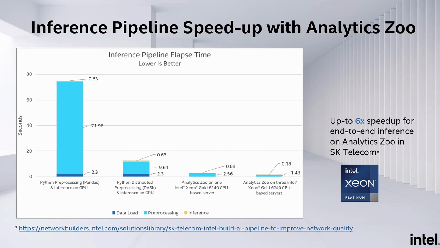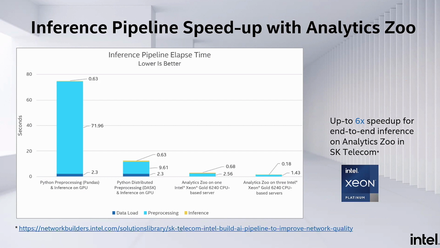That is compared to running separate clusters on GPU. The other part is that Analytics Zoo, as mentioned before, takes your code and without any change, can seamlessly scale it out across a cluster. So you can get even more speedup by scaling out.